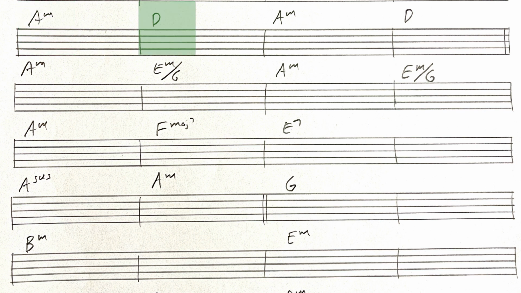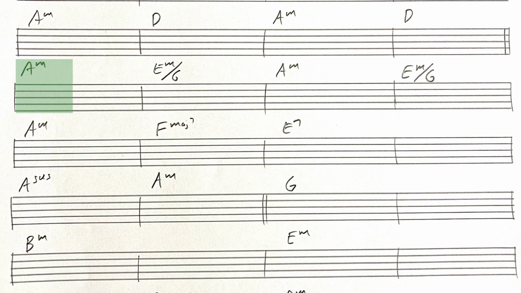Now it sounds like we're trying to get into the key of G. A minor to D. But that would be too traditional for Lennon. So he just goes back to A minor, and we're back in the Aeolian mode.